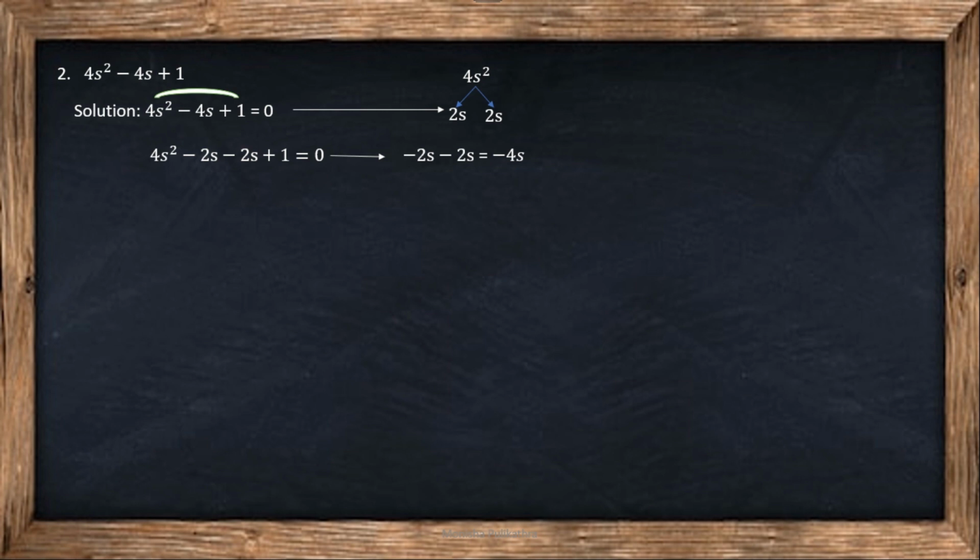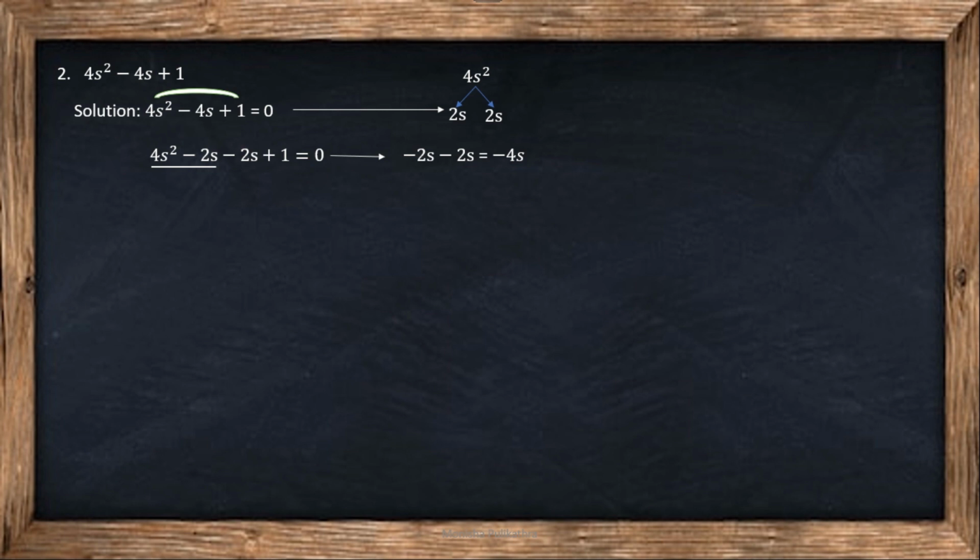If you put the two terms as 2s and 2s, 2 twos are 4, s into s is s square. Next, the middle term is minus 4s. When you add, that is minus 2s and minus 2s, minus into minus is plus. So 2s plus 2s is 4s and the larger number's sign is minus, so minus 4s. So it is satisfying both conditions. So the two separate terms here are minus 2s and minus 2s.